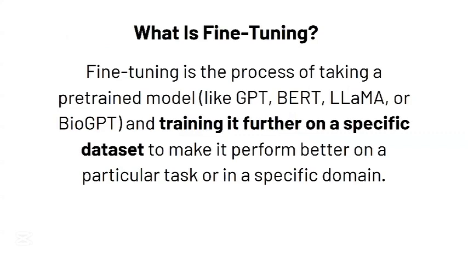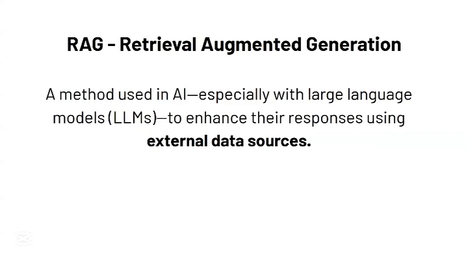So that's about training. Here, RAG means we are not going to do it that way, but we can enhance the responses of a large language model using our own data, using our data sources. So that will be done in a different way.